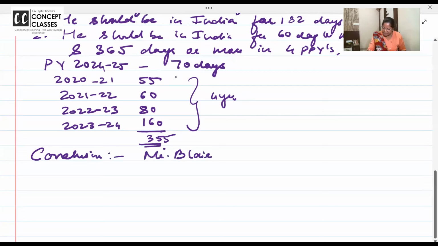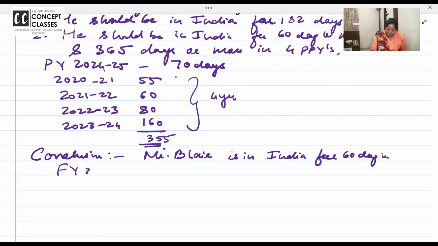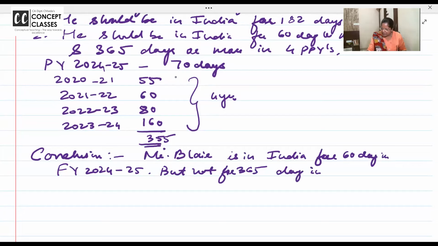Mr. Blair is in India for 60 days in financial year 24-25, but not for 365 days in the 4 PPYs. You can write in the exam preceding previous year or PPYs.